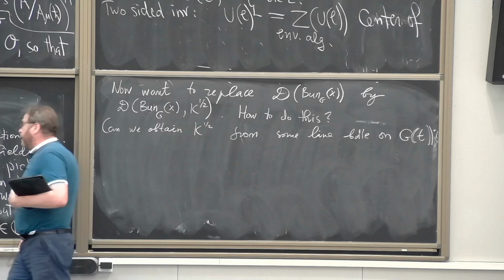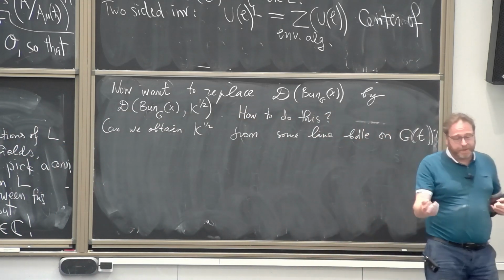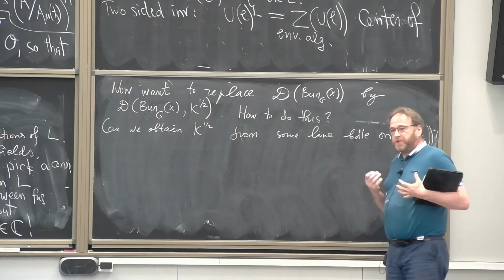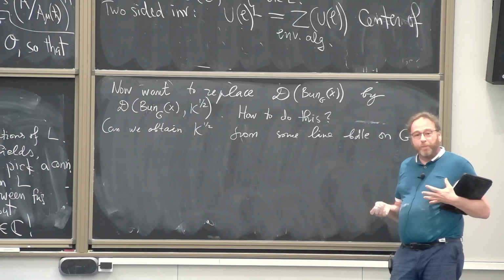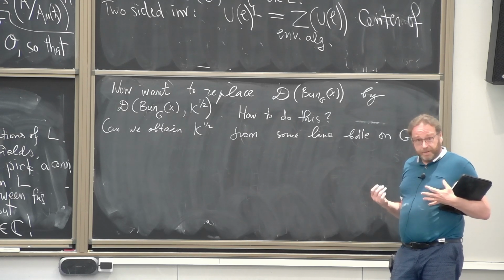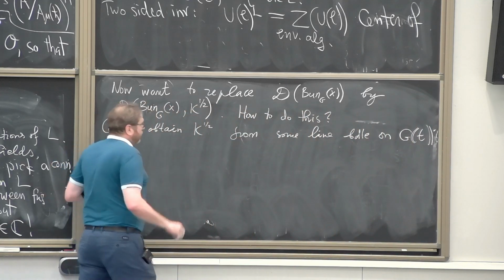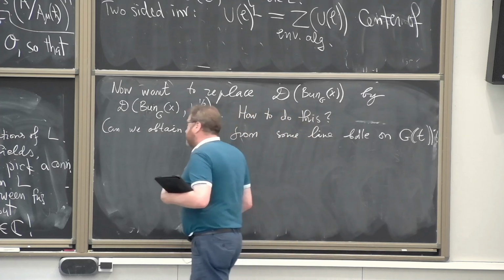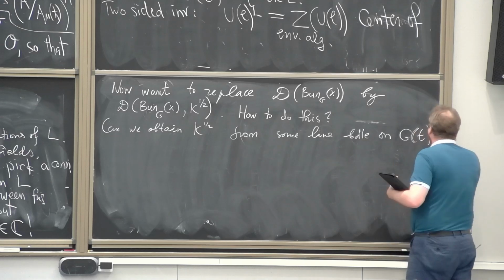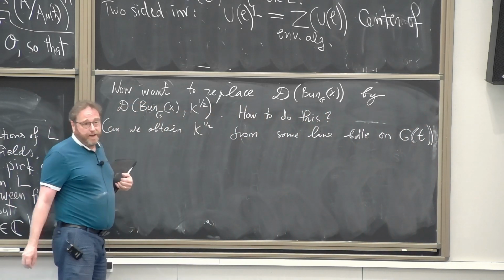Well, do we have line bundles on loop groups? On ordinary Lie groups, we don't have interesting line bundles because H2 of a Lie group is 0. However, on the loop group, H2 is non-zero, because H2 of the loop group by transgression is the same as H3 of the underlying group G, which is actually one-dimensional if G is simple. And therefore, there is an interesting line bundle on G((t)). This line bundle is related to the central extension, which defines the Kac-Moody algebra.